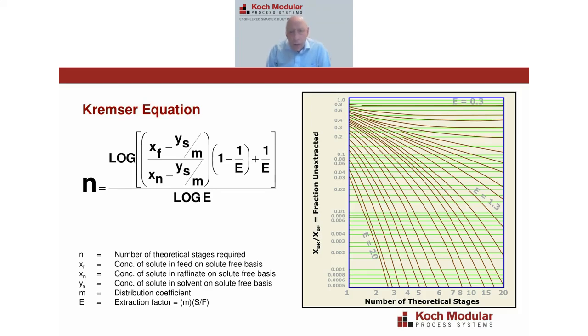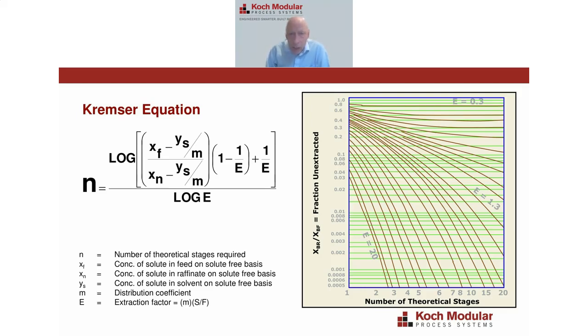Now, we have a rule of thumb where we target a minimum extraction factor of 1.3 for most liquid-liquid extraction processes. It's a rule of thumb, but it works pretty well. And I think if you look at these curves, you can see why we use this. Because if your extraction factor gets greater than 1.3, you can get down into very high levels of extraction or low levels of solute remaining in your raffinate.